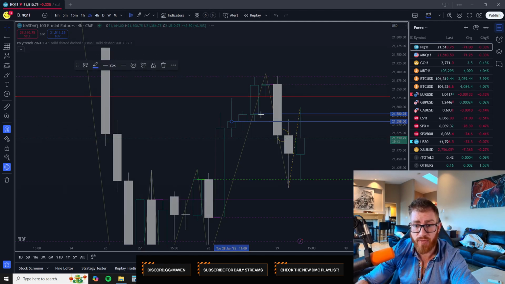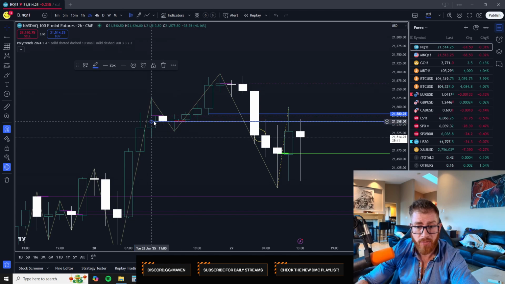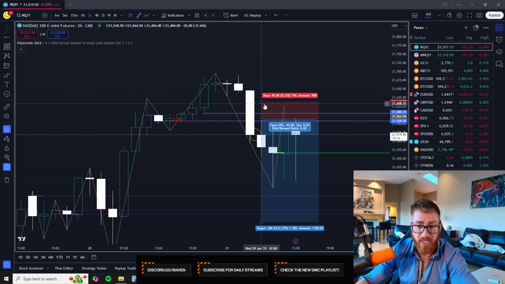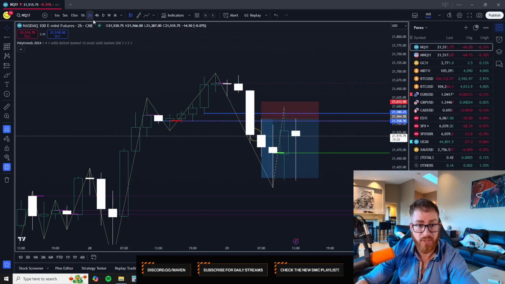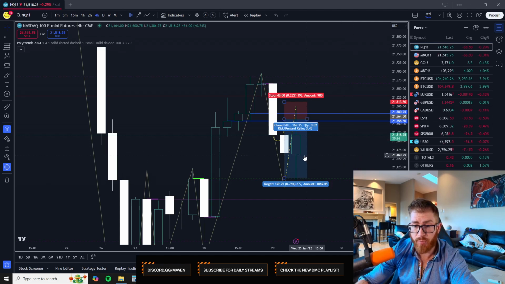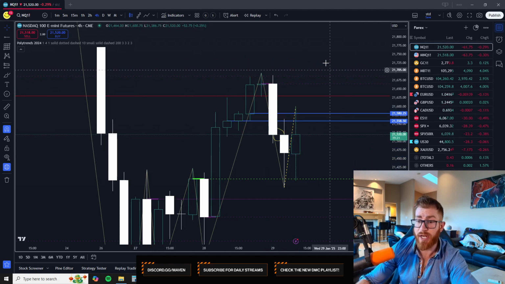But there is on the 2-hour. It is on the 2-hour. So we shorted that, and we would have been able to add against it as well, right? And we shorted that all the way back down to this level here, which is the 4-hour level as well, okay? So that was a really good profitable trade there. So we got ourselves out of that loss.